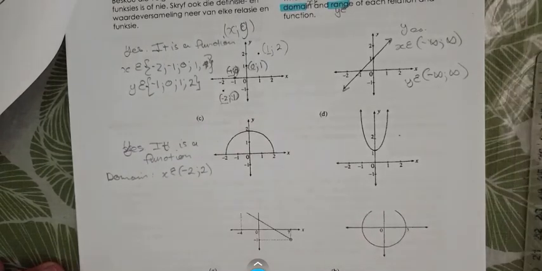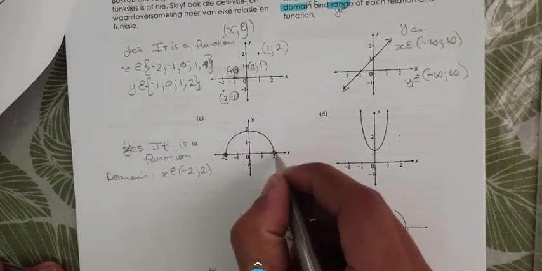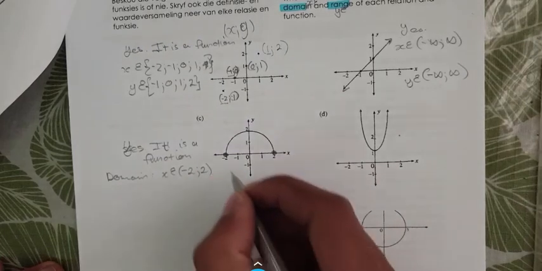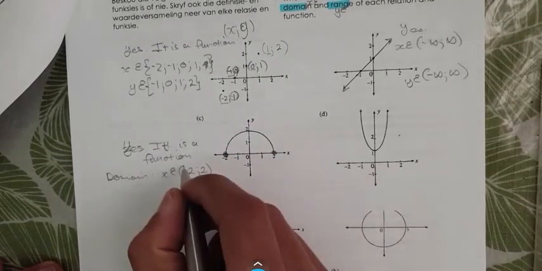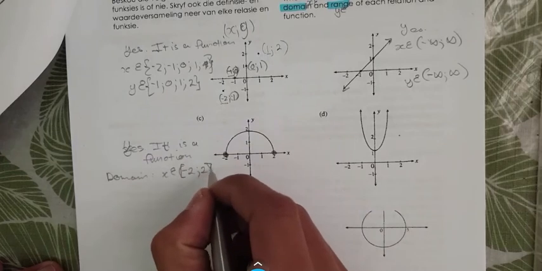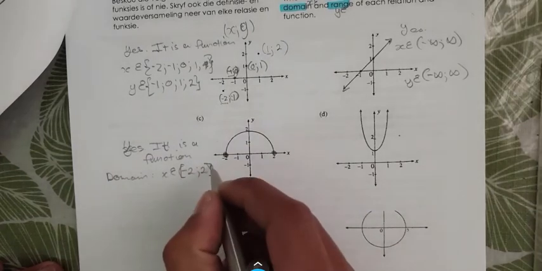Okay. Just note there that there isn't really a dot there indicating to me that it stops there. But if there was a dot colored in like that, then I would have changed these brackets to a block type of bracket.